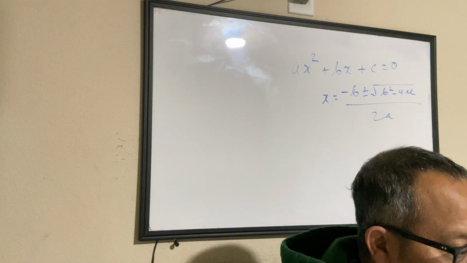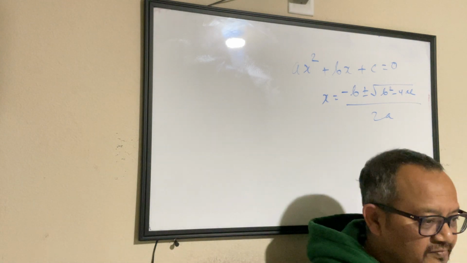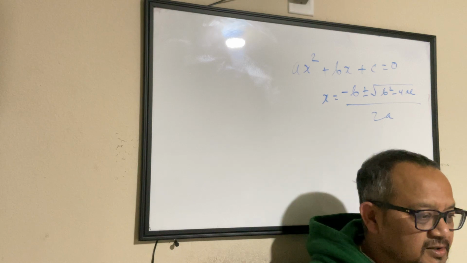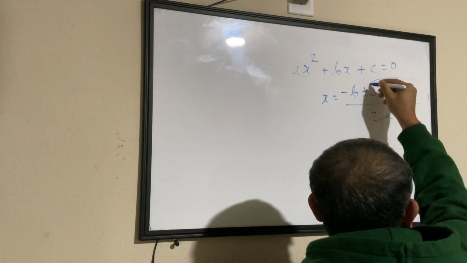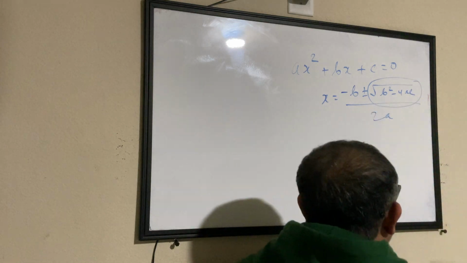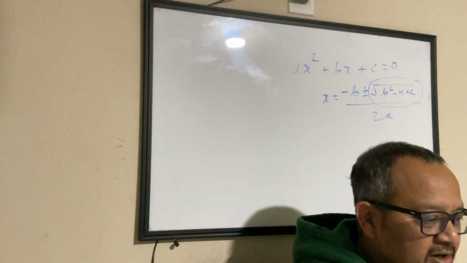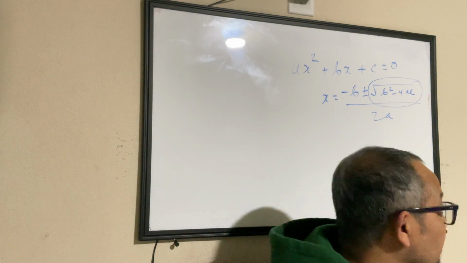Yes, Chris. Isn't it the discriminant? Yes. Vihan, was that your answer as well? Yeah. So this is the guy. This is the mastermind or the brain of this quadratic formula.